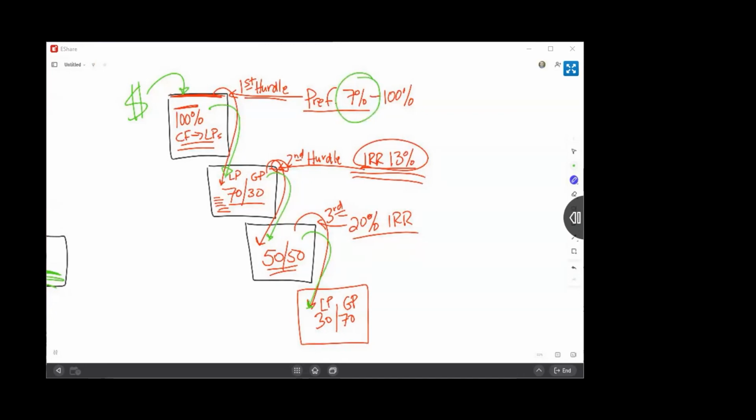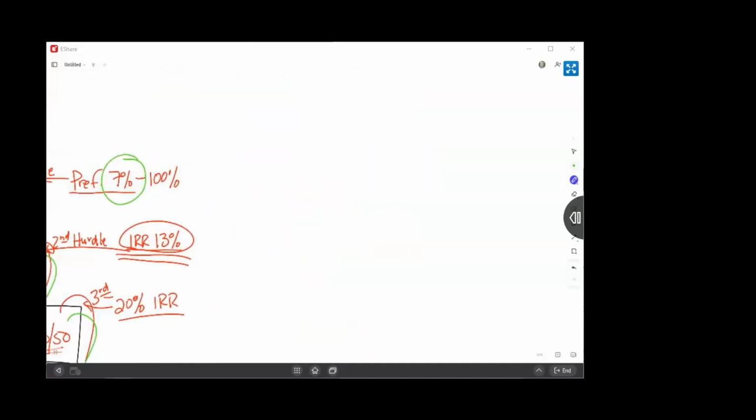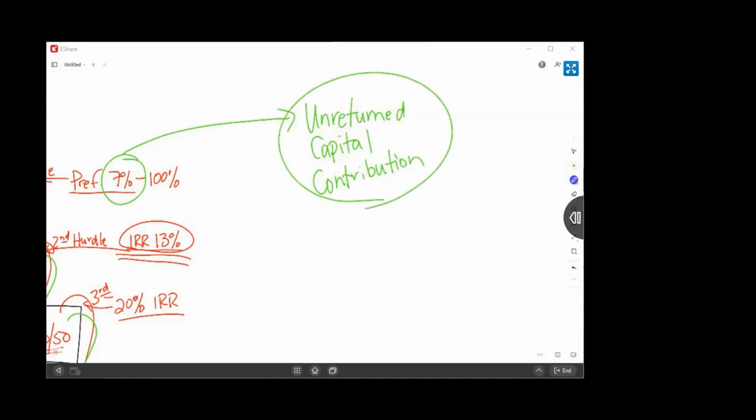So this is the preferred return. Well, the preferred return is always based on one thing: unreturned capital contributions. It's this unreturned capital contribution that the 7% is calculated off of.